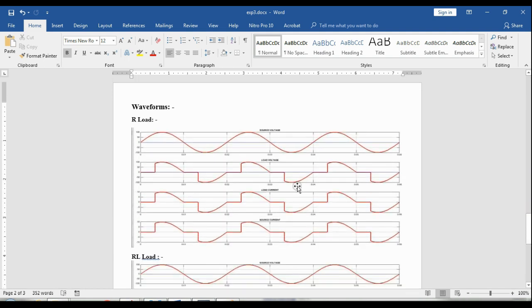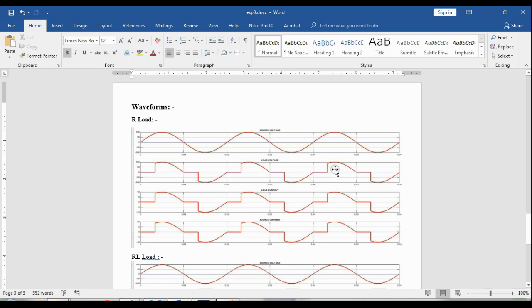The waveforms are like this. This is the sine waveform, the source voltage. We are triggering at alpha equal to 60, so up to that point the voltage is 0, then it is triggered. Next, T2 is triggered at pi plus alpha, so up to that it is 0, then it is triggered, and the waveform will continue like this.